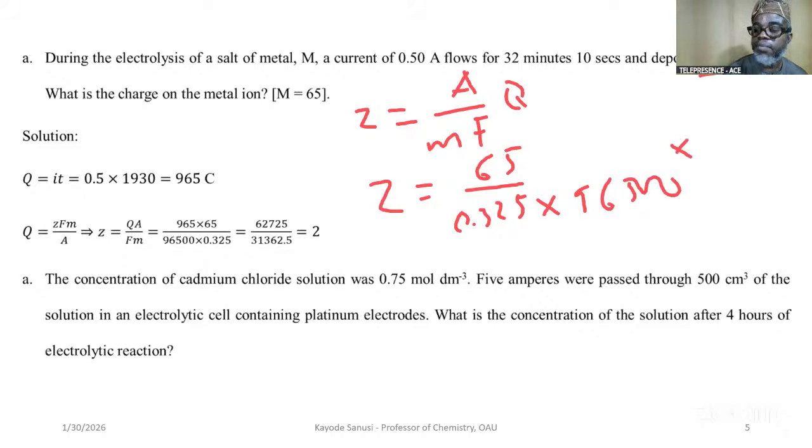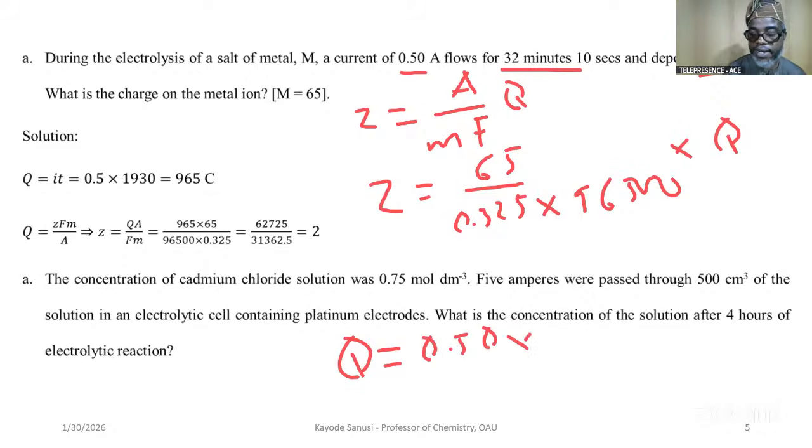96500, multiplied by Q. So how do we get our Q? Our Q will be obtained from this information. We have been given the current, which is 0.50, multiplied by the time, 32 minutes, 10 seconds. So that is 32 times 60 to convert it to seconds, and then plus 10.